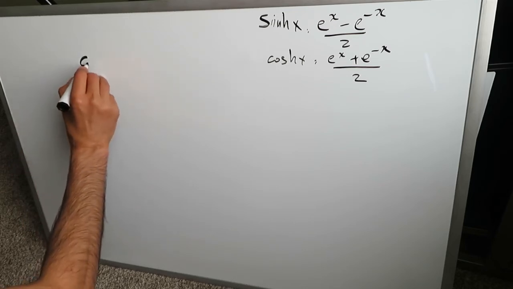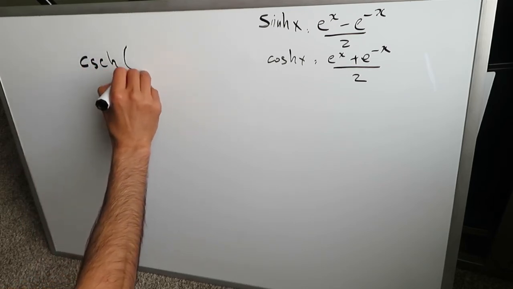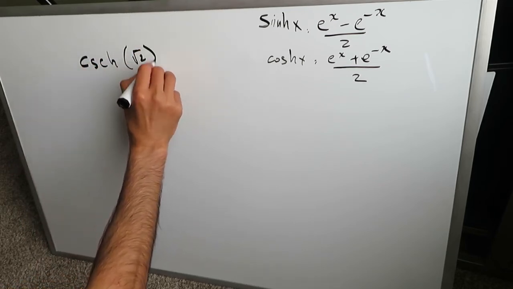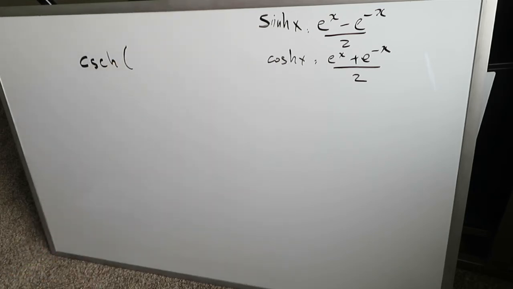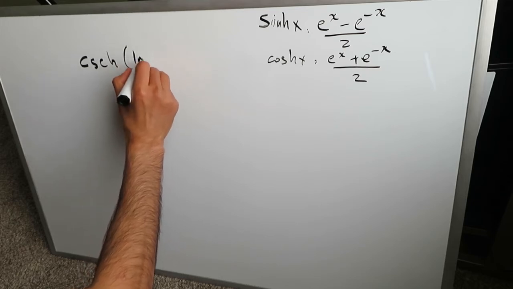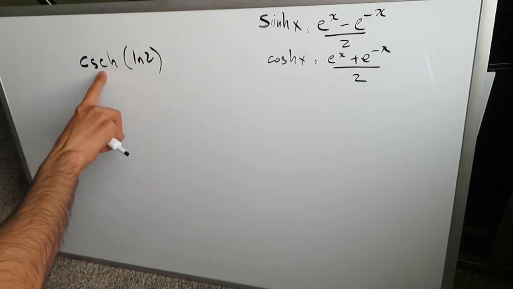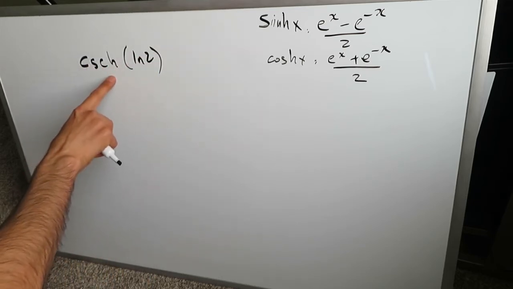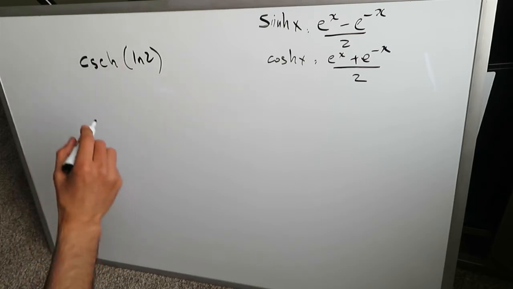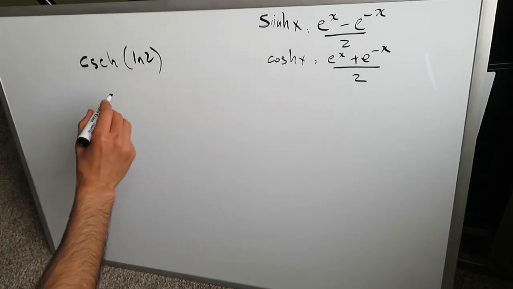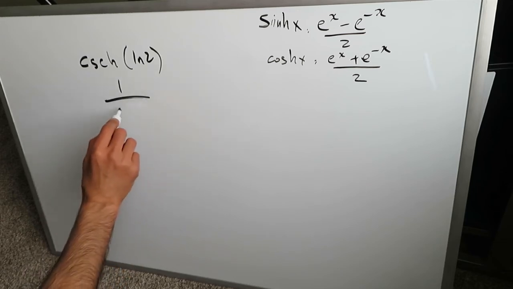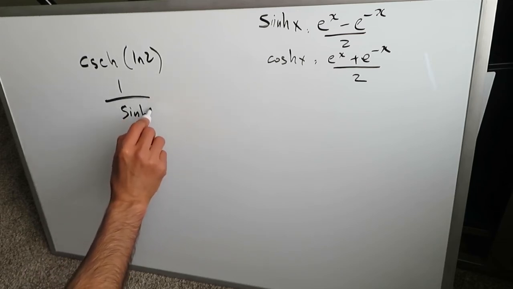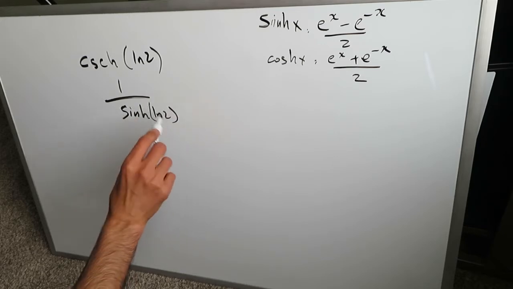Look at this question right here. How about we make it interesting, make it natural log 2. We're talking about cosecant, the hyperbolic cosecant function, of natural log 2. You know cosecant is the reciprocal of sine, so you're going to do 1 over sinh of natural log 2, which represents your x, your input.